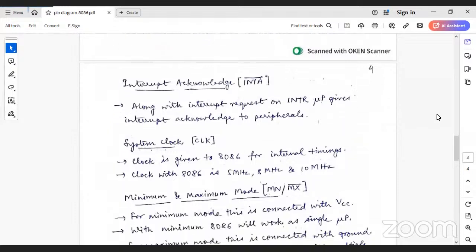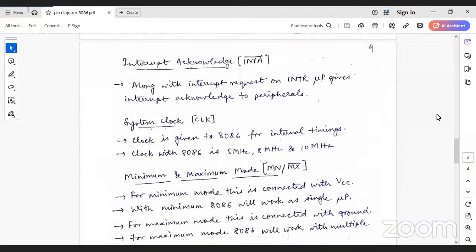Now next one is the system clock. This is also one peculiar feature about your 8086 processor. As you know, the clock is given for internal timings, meaning one instruction executing in one machine cycle will have a few T states, what we call.